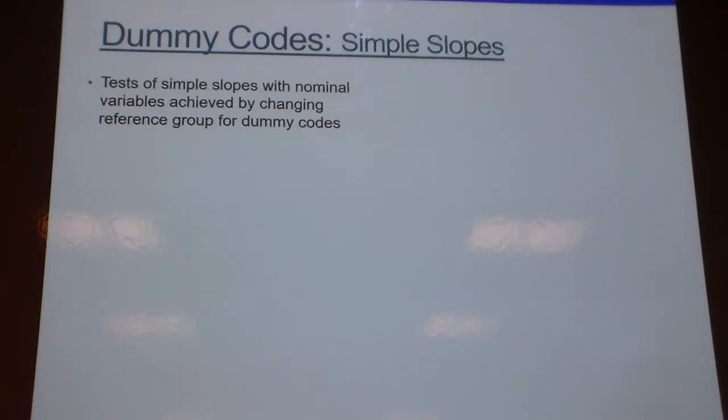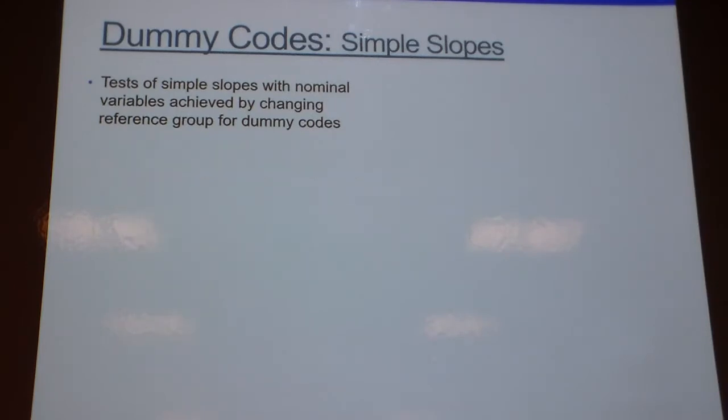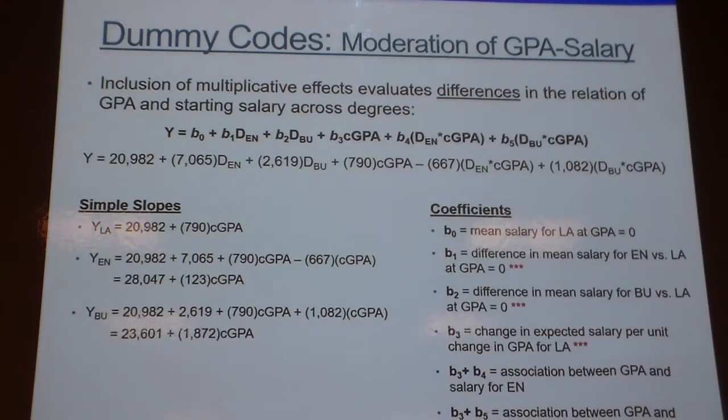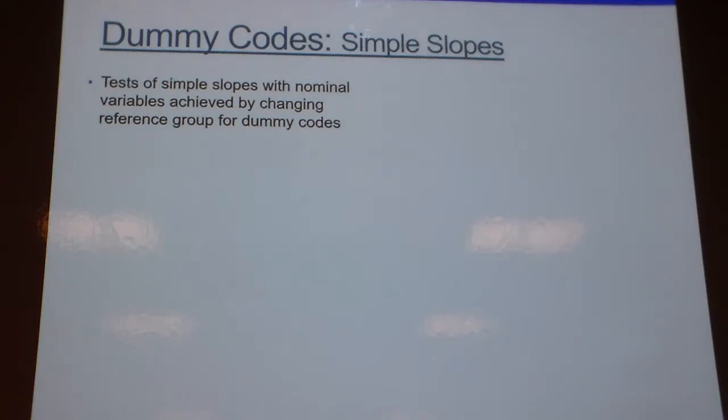And so if we go through and plot this out, okay, so this is what we get if we want to go through and take a look at differences between GPA for our individual groups and our reference group, which is our liberal arts group, right? But what about if we just wanted to switch around, we want someone else to be our reference group?